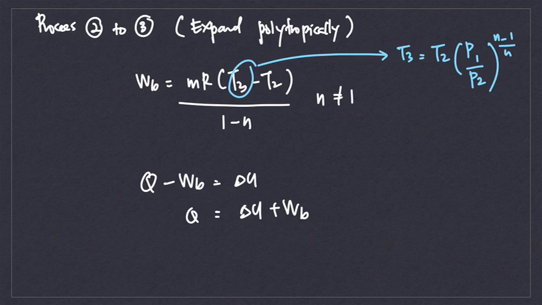In order to find T3, T3 equals T2 multiplied by (P3 over P2) to the power of (n minus 1) over n. So we have Q minus WB equal to delta U, and Q equals delta U plus WB, where WB is calculated with the formula shown above.